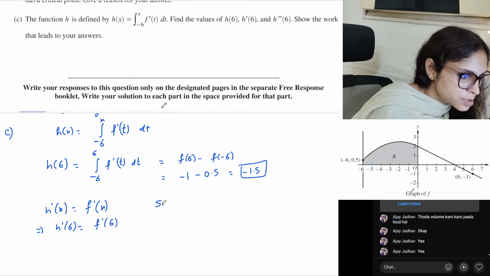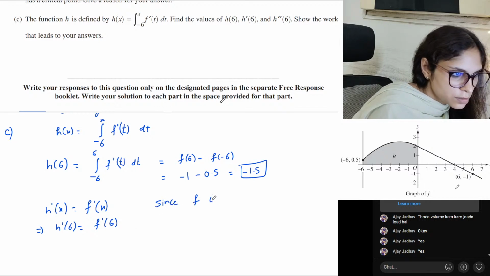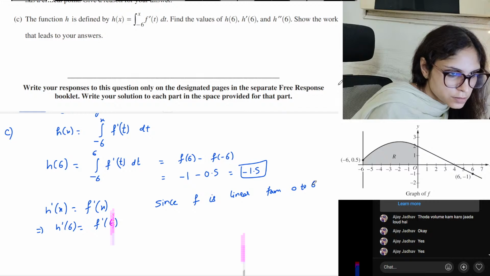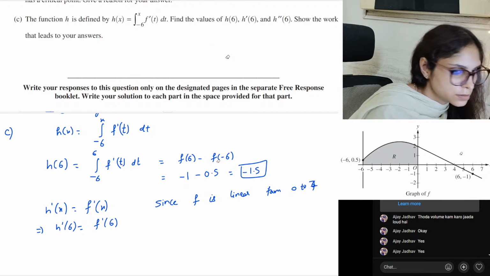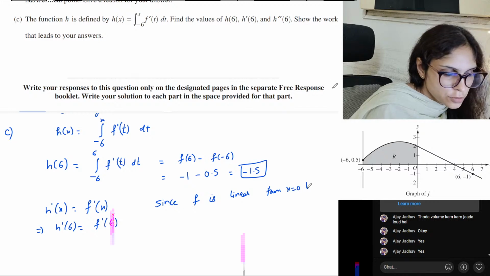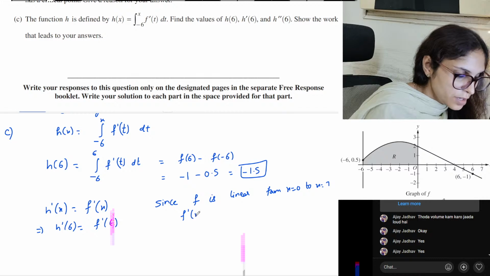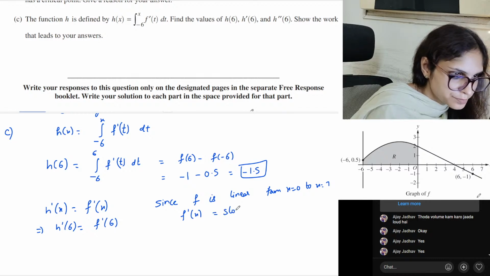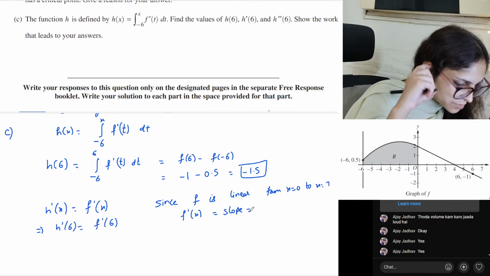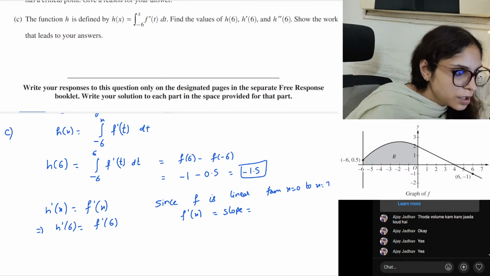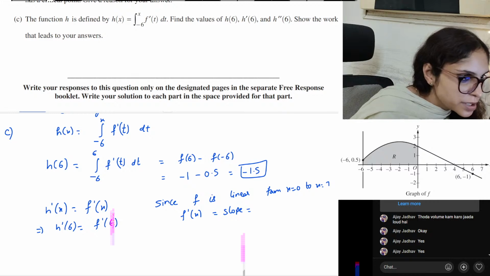Since f is linear from x equal to 0 to x equal to 7, f derivative of x is equal to the slope. Correct? Because for a linear function, slope is constant, that is f derivative is constant, and we can find that out. It is going to be 6, -1.